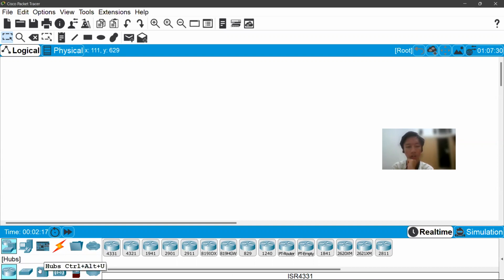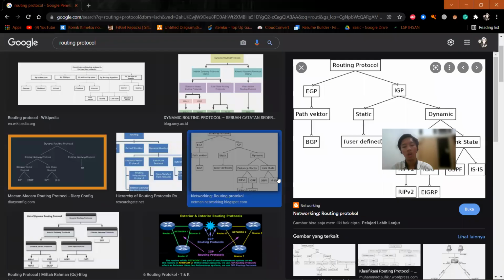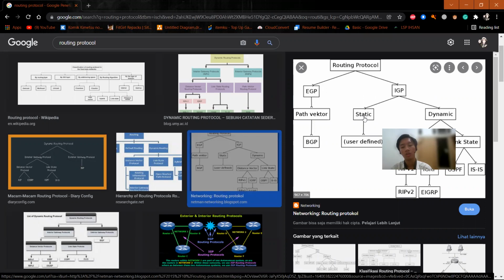Before it was the data link layer, and now the network layer, which is the router. Okay, I want to explain how to configure this topic.